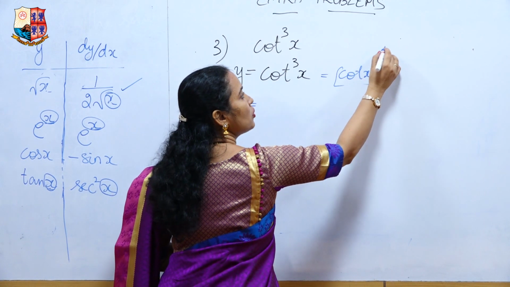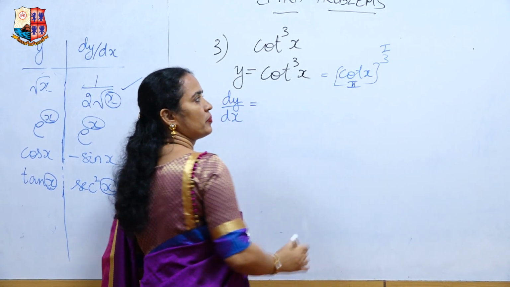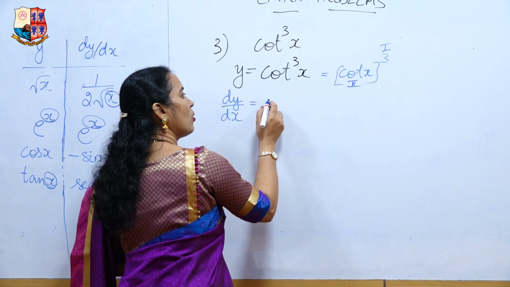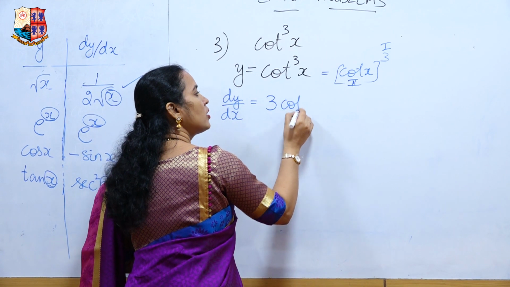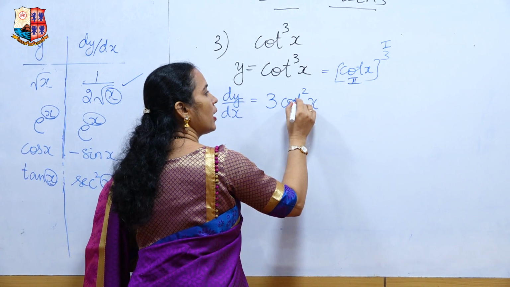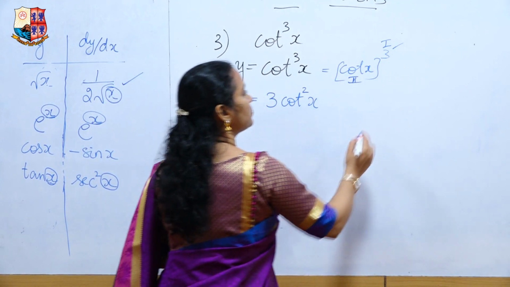So outermost you have the power and then you have cot x. First bring the power down, x to the power n form, 3 cot x the whole square. I'll write it as cot square x directly. So done with the power.